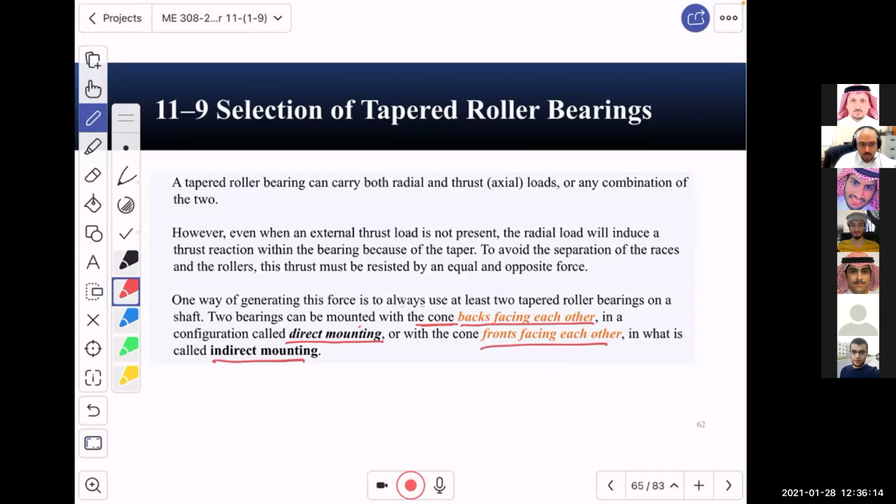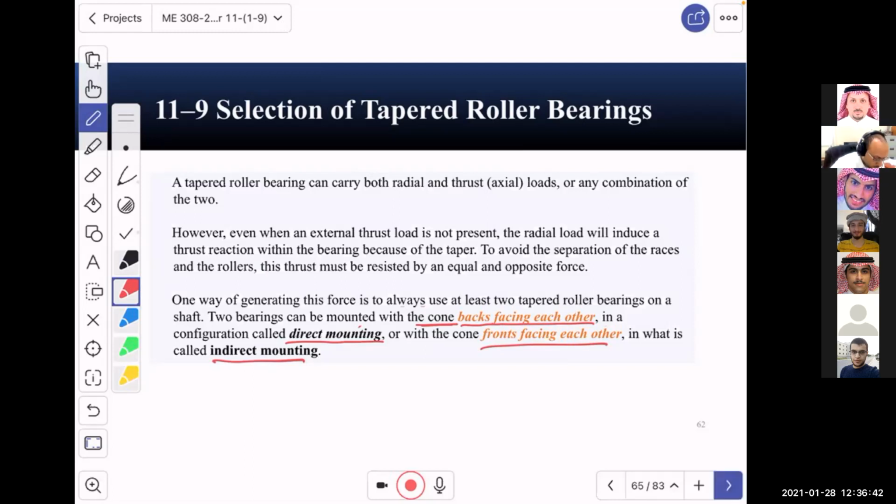It makes a lot of sense, right? If one would generate an induced reaction on this side, I flip the other one and I will induce a reaction on the other side, and they will cancel out. Otherwise, that thrust force will try to separate one ring, one race from the other.